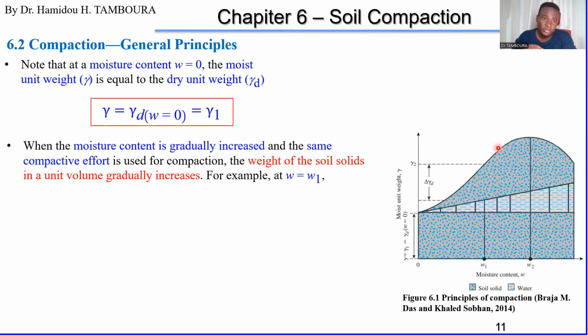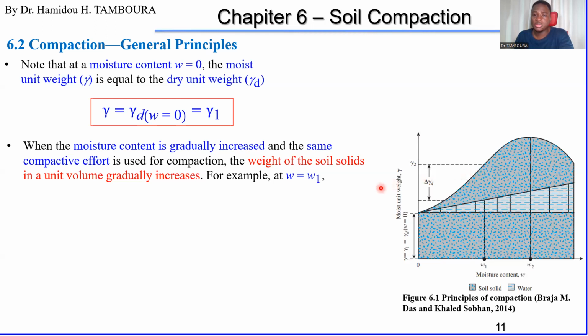If you add water, you increase. If you are here, it is dry. And if you add water and compact the soil, the water will help the soil to be compacted very well. And then naturally the dry unit weight increases also, like this.